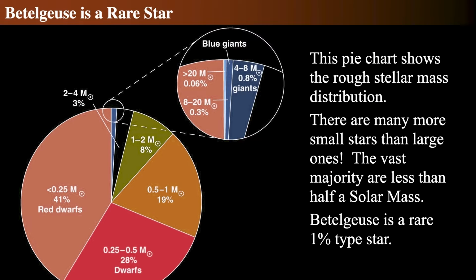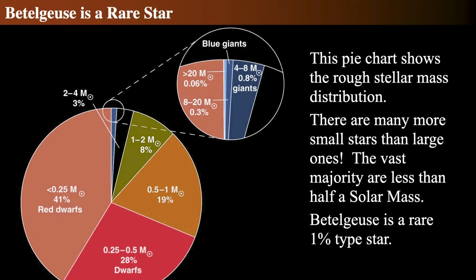Anyway, we do know that Betelgeuse is an extraordinarily rare star because it's a more massive star than the Sun. Roughly less than a couple of percent, like 2 to 4, like almost 3 or 4% of the stars in the sky could be as massive as Betelgeuse. Actually more like about 1%. So Betelgeuse is probably much more massive than a 2 to 4 solar mass star.